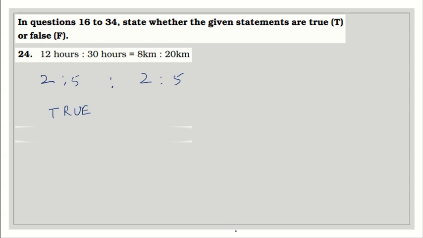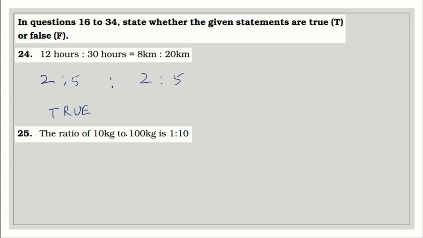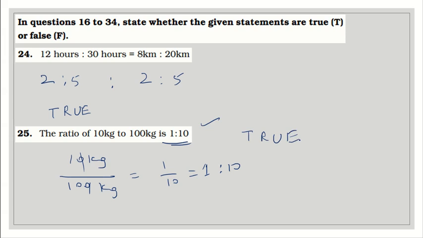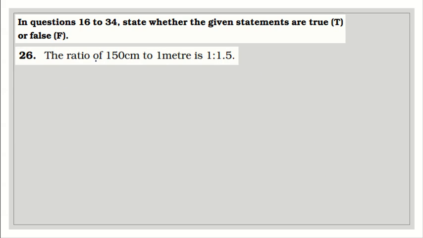Then coming to question number 25, the ratio of 10 kg is to 100 kg. So 10 kg upon 100 kg, 0 0 cancels, 1 upon 10, it is nothing but 1:10. They say that it is 1:10 only. We agree with this and it is also true. Then moving on to question number 26. Question number 26, the ratio of 150 centimeter to 1 meter. 1 meter is nothing but 100 centimeters.